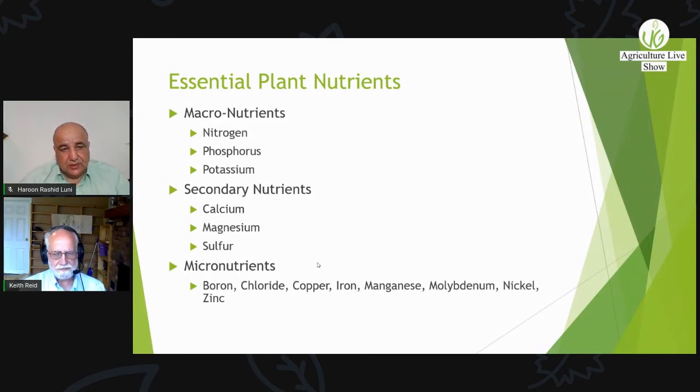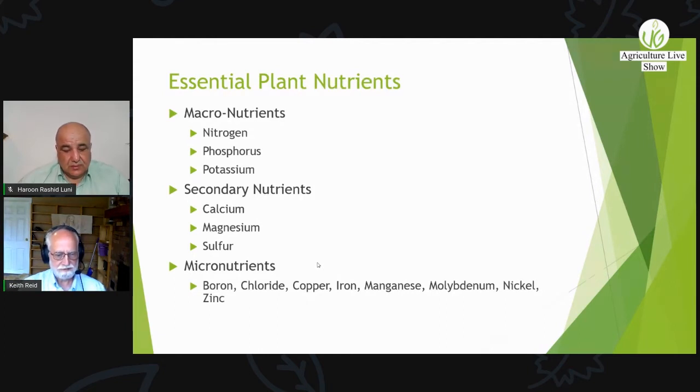They're called secondary. Some of them are needed in fairly large quantities, but they were often secondary parts of fertilizers we were applying. So we wouldn't apply specifically to add sulfur, but it would be part of the fertilizer anyway. And then the micronutrients, boron, chloride, copper, iron, manganese, molybdenum, nickel, and zinc. They're needed in very small amounts.